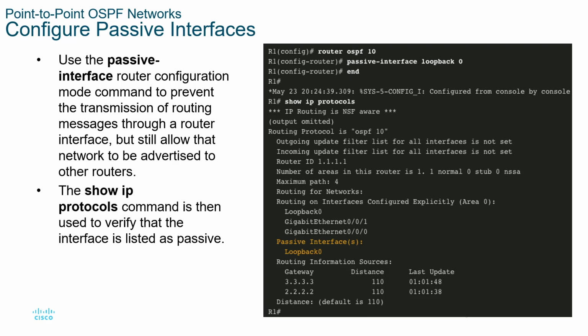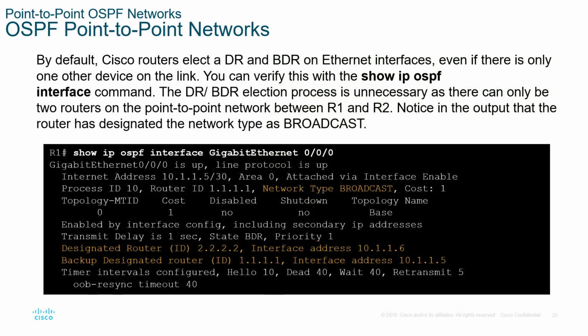For point-to-point and point-to-multipoint, it is actually 30 and 120. So it takes longer for them to talk to each other, because they absolutely know there's just one guy on the other side. They don't need to keep talking that often. And this shows up here in the router interface, so you see the network type, the hello and dead timers, and so on.